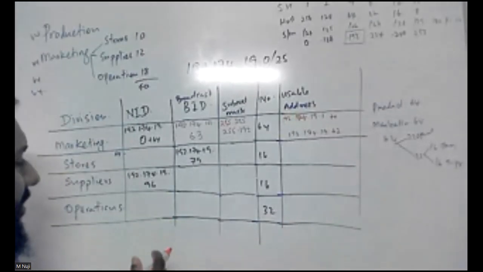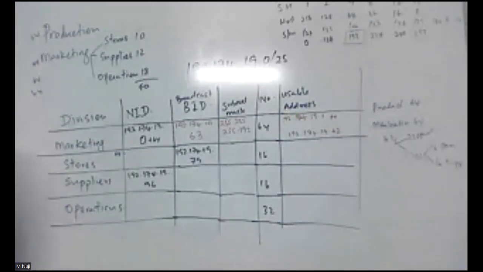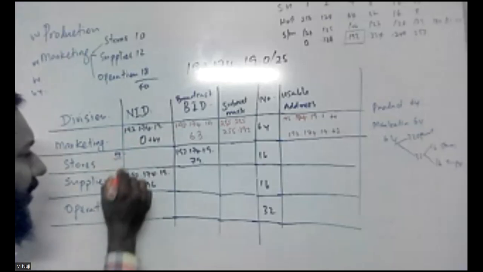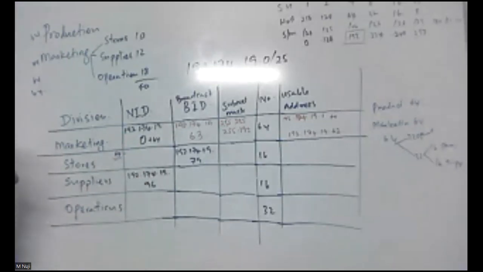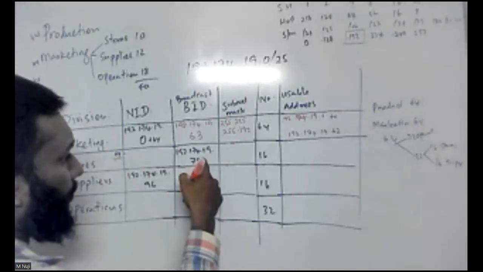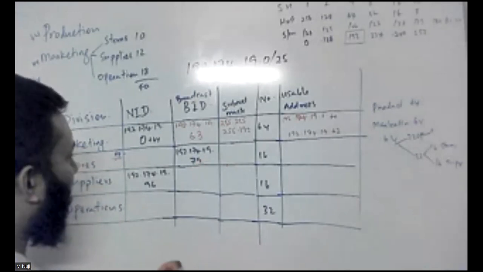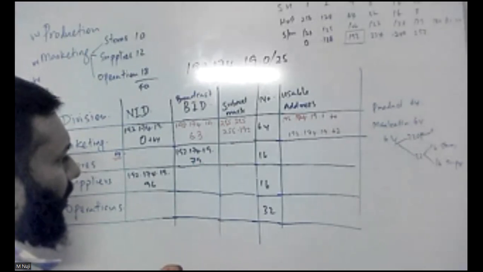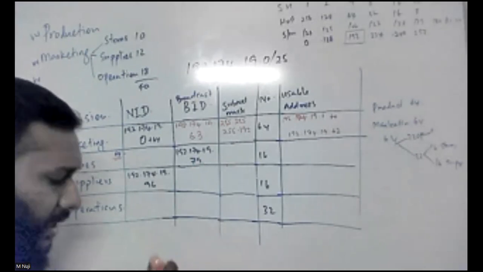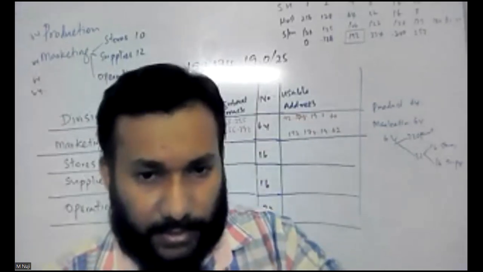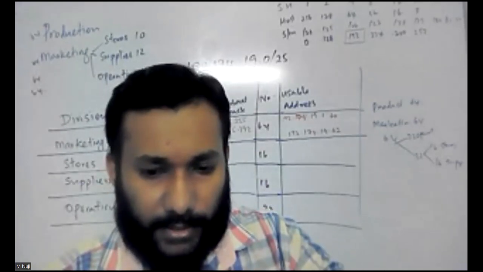But thereafter, the problem is here. I say this one is a 64. If it is a 64, the broadcast number is 79. Okay, I think it is a 70. Give me a minute.